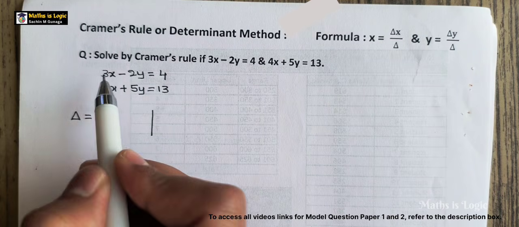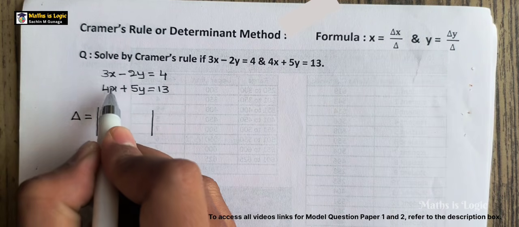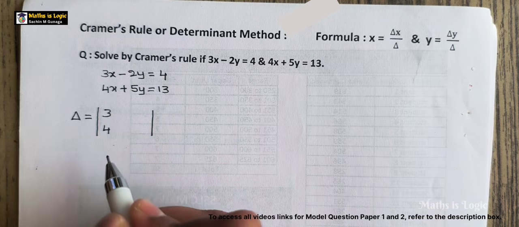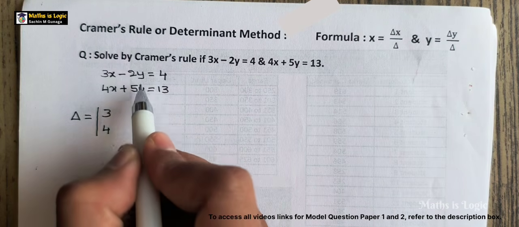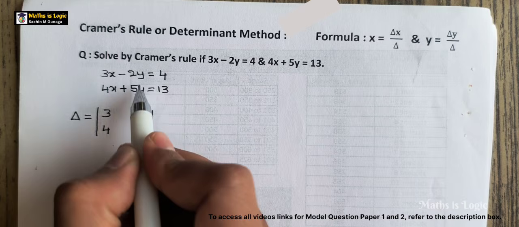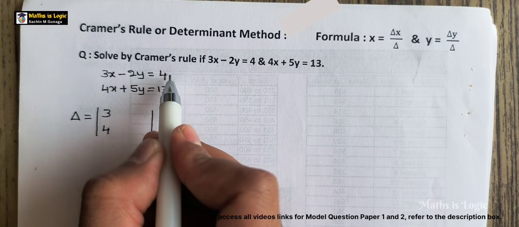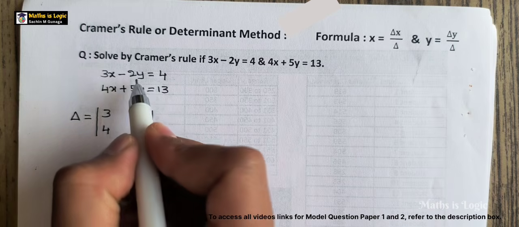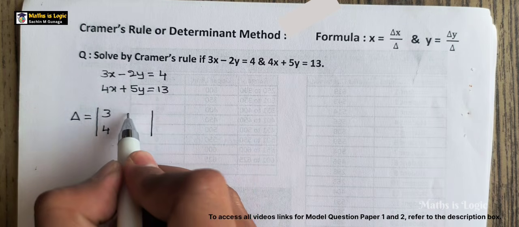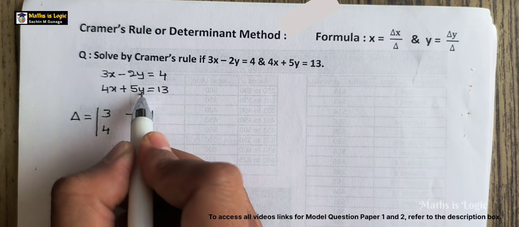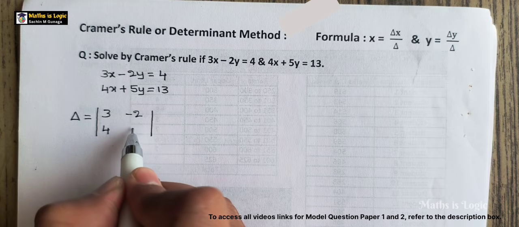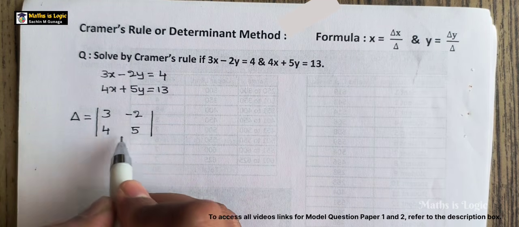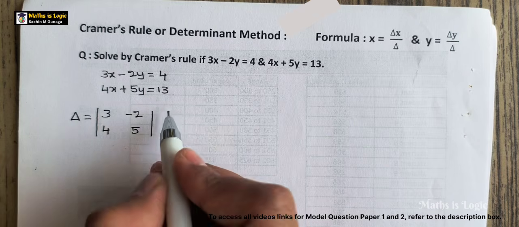The x coefficient in equation 1 is 3, and in equation 2 is 4. Next, take the coefficients of y in equation 1 and equation 2 and write them as the second column. The y coefficient is -2 and in equation 2 it is +5.